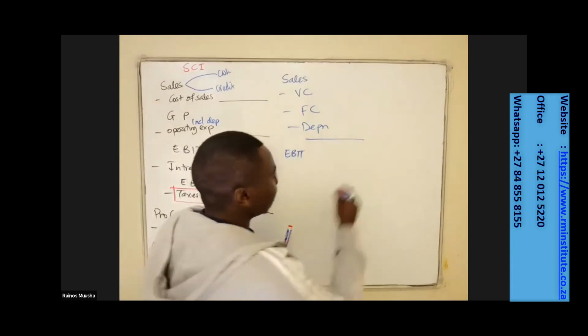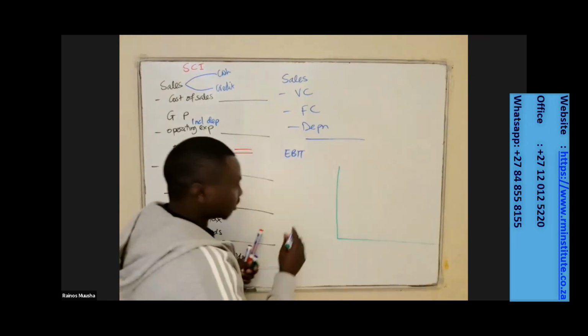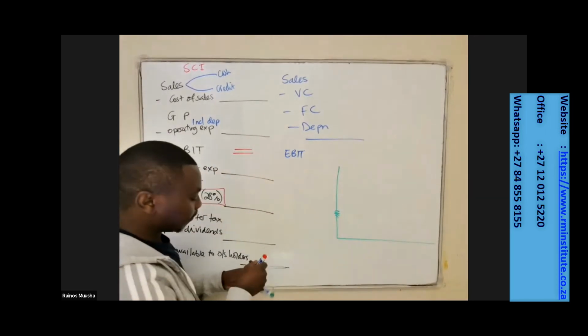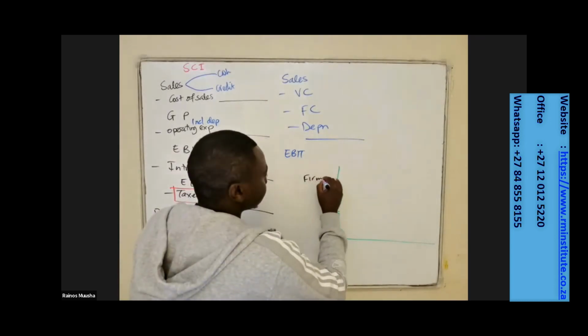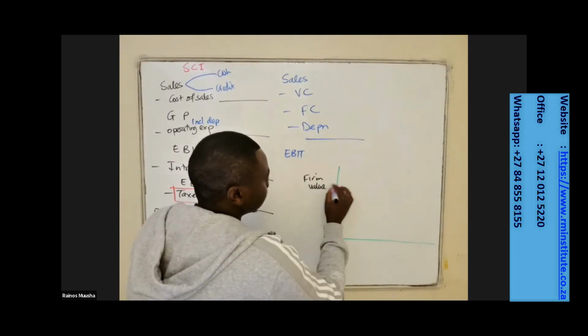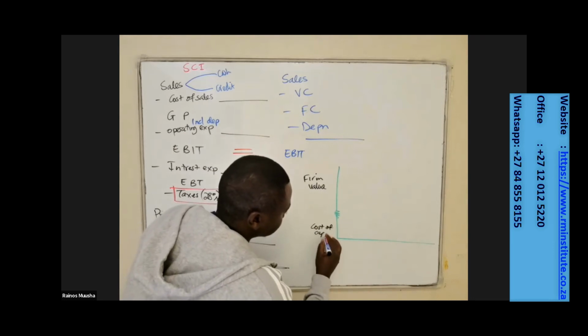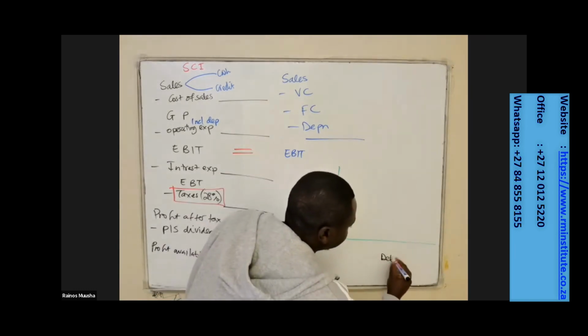If you still remember from undergrad, there is this graph that was in the textbook you used, something like this, which showed the firm value, the cost of capital, and the level of debt as well.